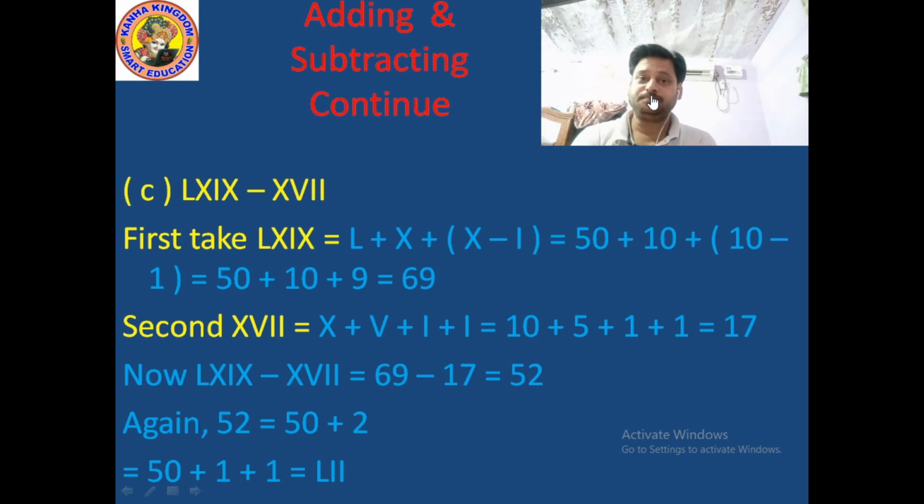Okay, now the third part is LXIX minus XVII. Once again I repeat, the question is LXIX minus XVII. So first you take LXIX and you check, is this number in the descending order?